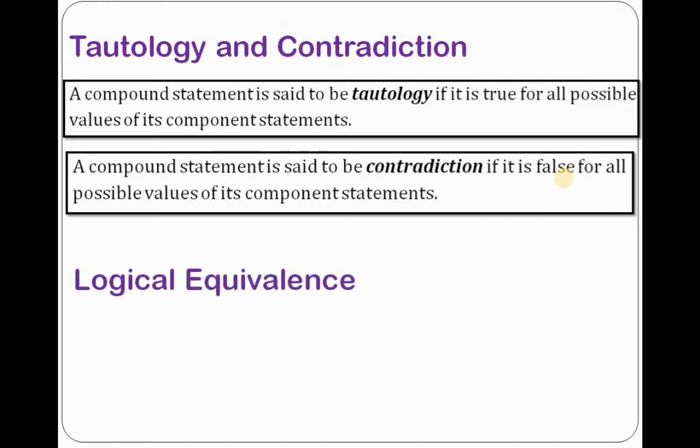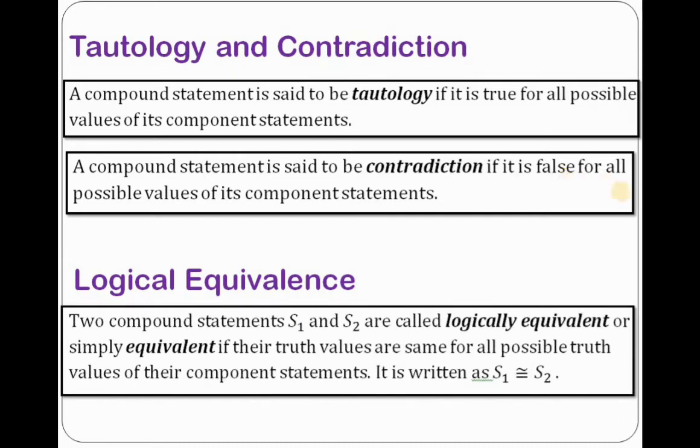called logical equivalence. Okay, so logical equivalence means here we are going to deal with two different compound statements. Okay, and if their truth values appear to be the same, then such compound statements are called equivalent compound statements.